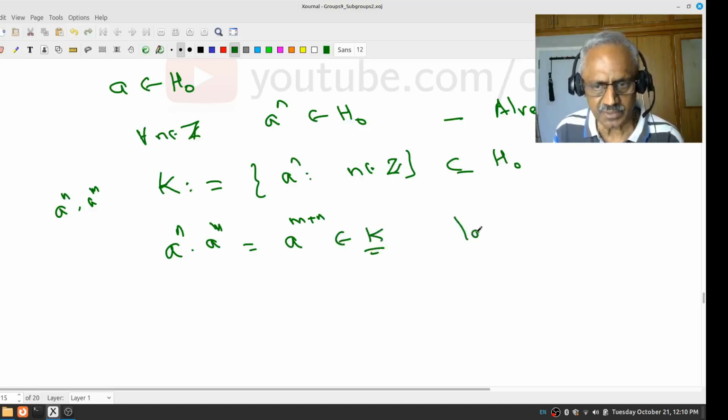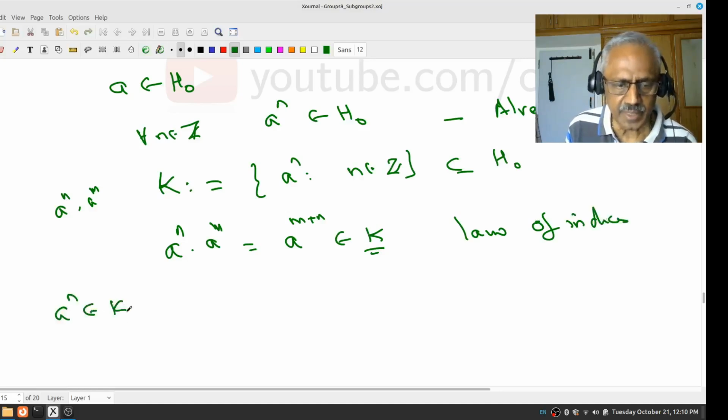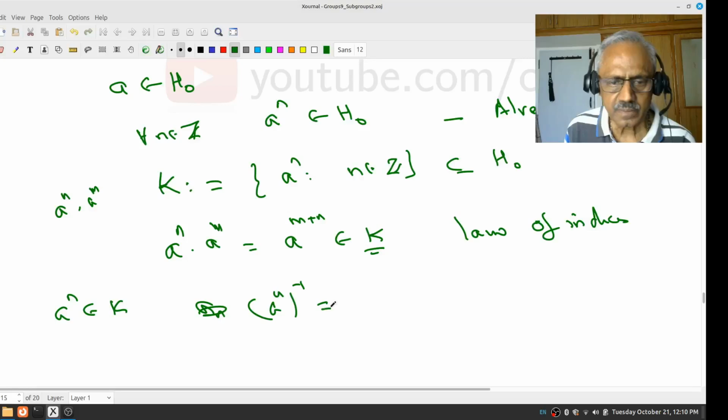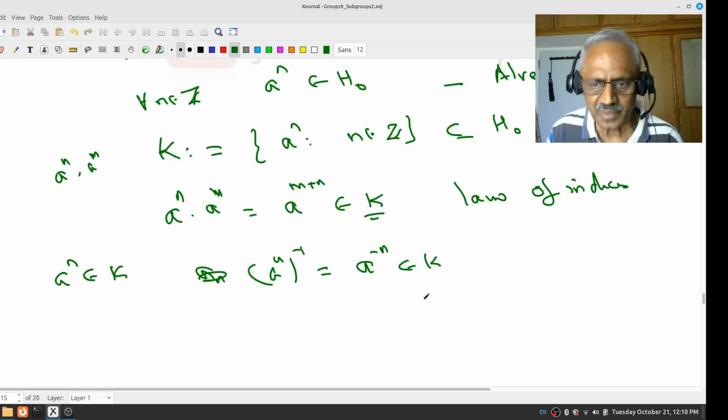This is the law of indices. Next, if A power n belongs to K, what is A power n inverse? We had already seen, again by the law of indices, it is A to the power minus n. Since n is an integer, minus n is also an integer, therefore it's again in K.